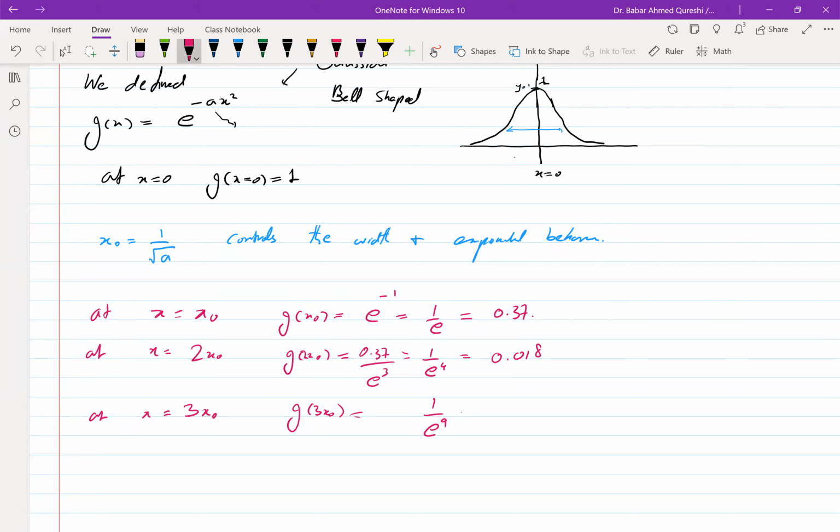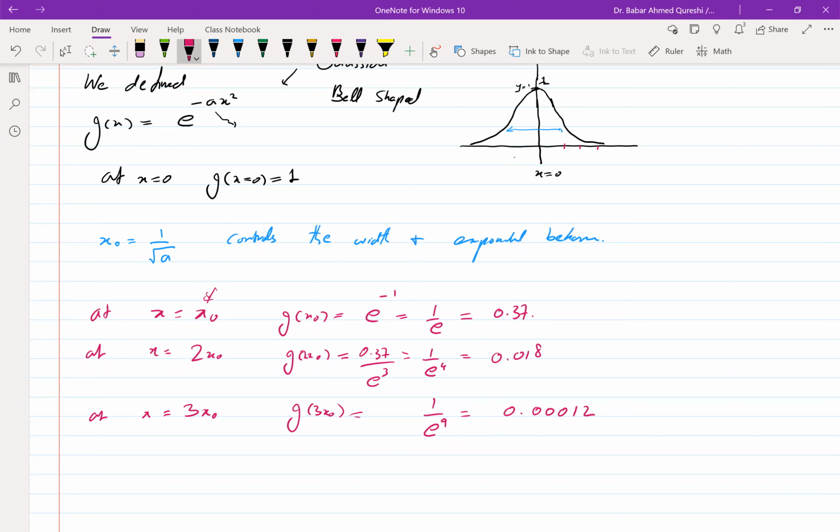This is e to the 9. This x naught is the scale which controls the width of this curve. Each time I add this factor in where I'm evaluating it, the value goes down by several powers of e. So whenever you involve these powers, it goes down very quickly.